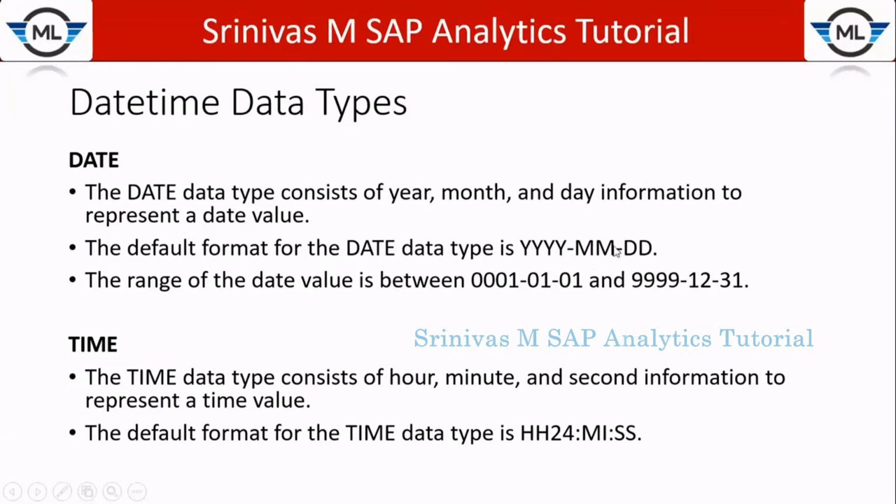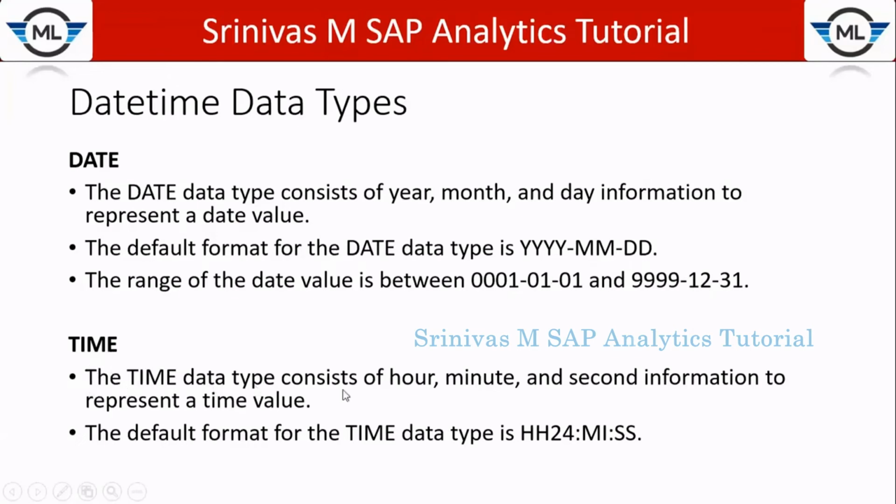But in SAP HANA, remember that there is a hyphen between year and month, so you should count that as one character and extract from the 6th character for 2 places. That's why it is important to remember what format SAP stores for date in the HANA system. The range of the date value is between this and this. Okay, this is fine. And coming to the time.